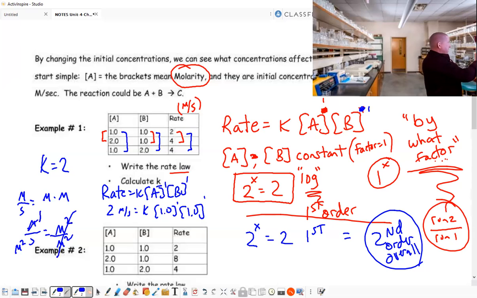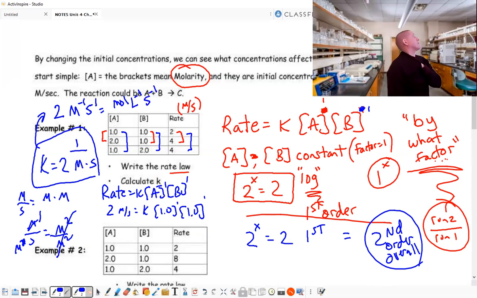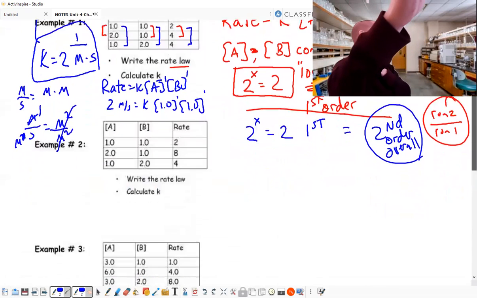So see, the molarity on the top cancels with one of the molarities on the bottom, and you get 1 over molarity seconds. Going back to what I wrote yesterday, you'll see this oftentimes written as molarity to the -1, seconds to the -1, or you'll see it as moles per liter for molarity, so liters to the -1, seconds to the -1. Very often done that way.